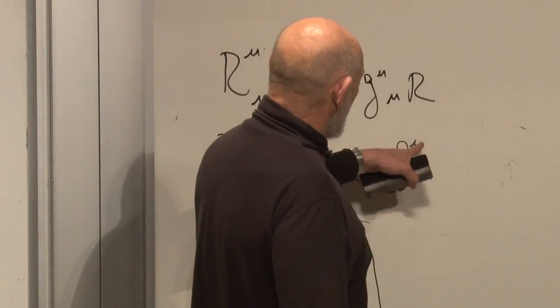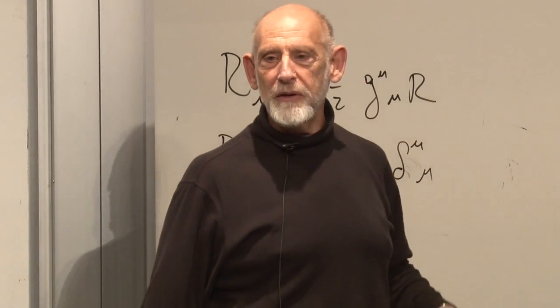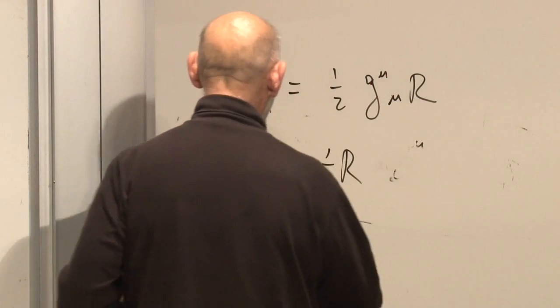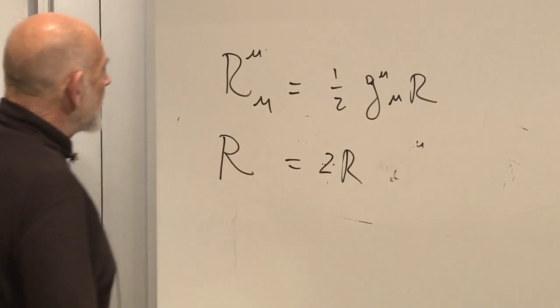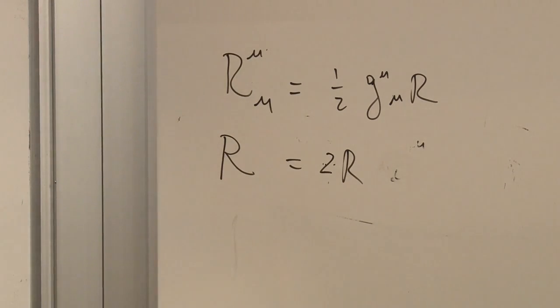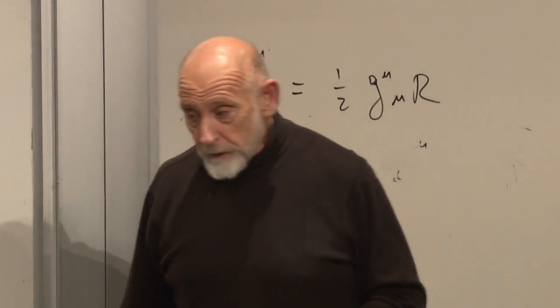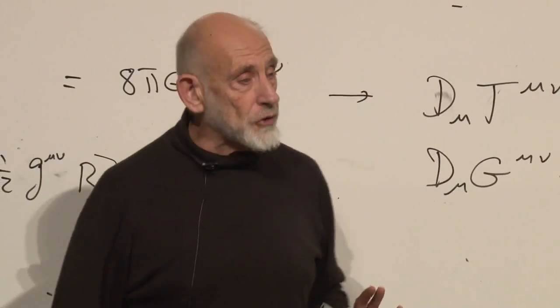Delta 0 is 1, delta 1 is 1, delta 2 is 1, delta 3 is 1. This is just 4, and we get the stupid equation that r is equal to 2r. The only solution of that is that r is equal to 0. Not the curvature tensor, not even the Ricci tensor, but just the curvature scalar.